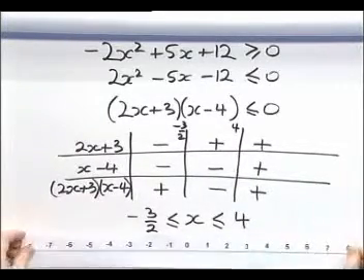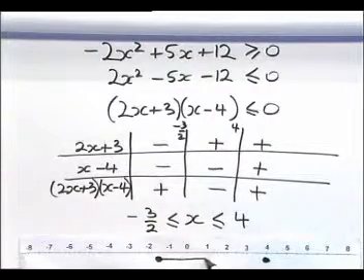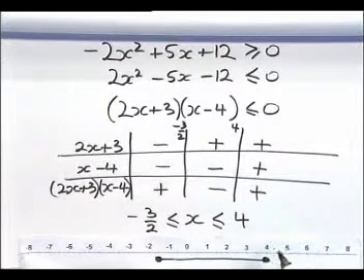And on the number line, minus 3 over 2 is here, and 4 is here. And I've done filled circles because we have less than or equal to.